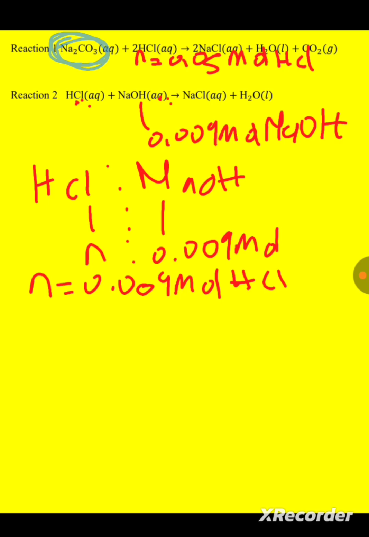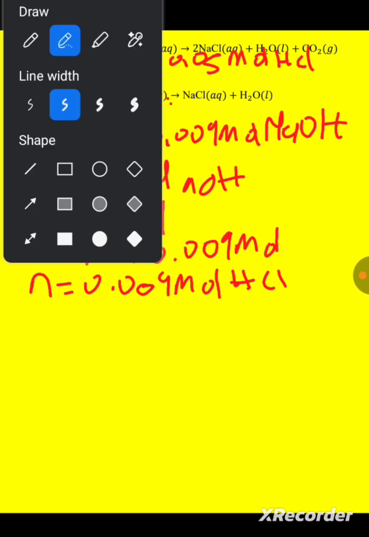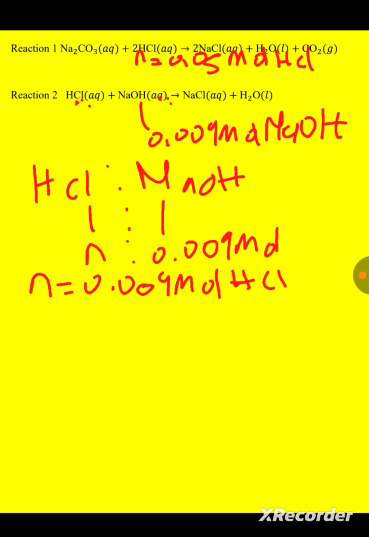Now, since HCl is the excess reactant, very important, let's listen. Since HCl is the excess reactant, you cannot use the initial number of moles of the excess to get the number of moles of this substance using ratio.